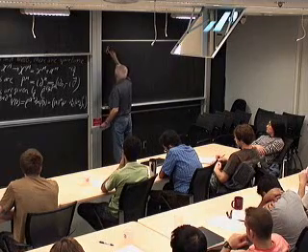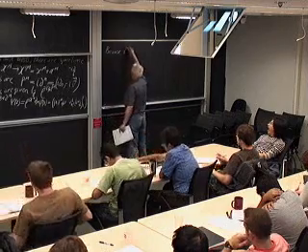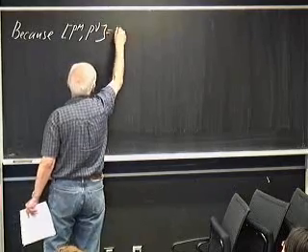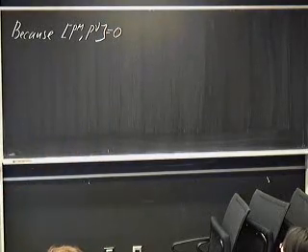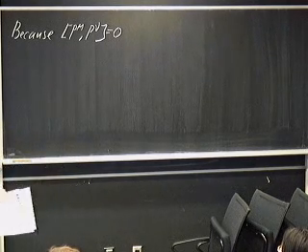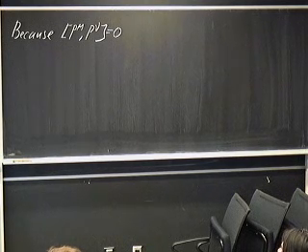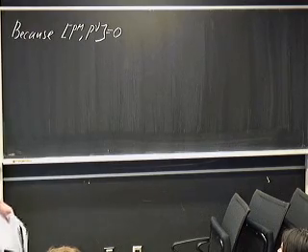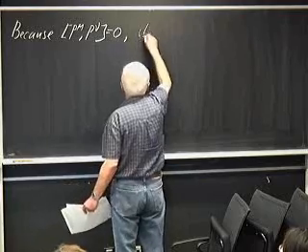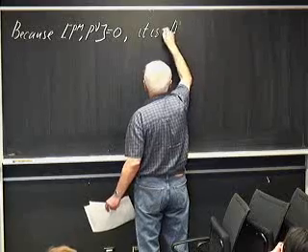It's easy to check that if we consider the commutator of P_mu with P_nu, it's always 0, because derivatives of course commute with each other. This is a famous rule in calculus, right? That the order of differentiation is irrelevant for partial derivatives. It is an abelian group. Let me write: abelian group.